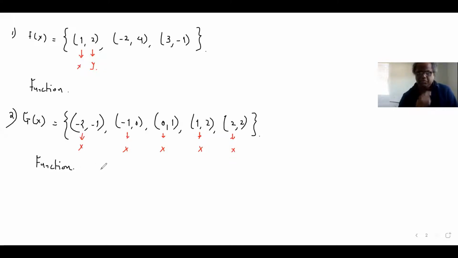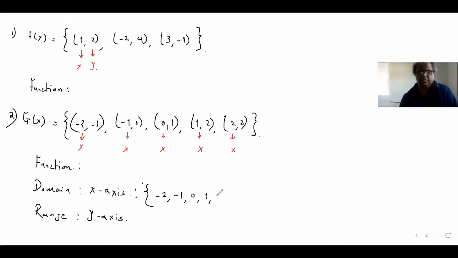Always, these kinds of problems are followed by two other definitions which we want to determine, which are domain and range. So what is domain? Domain is nothing but all the values lying on the x-axis, and range is all the values lying on the y-axis. So if you see here, my domain would be {-2, -1, 0, 1, 2}.